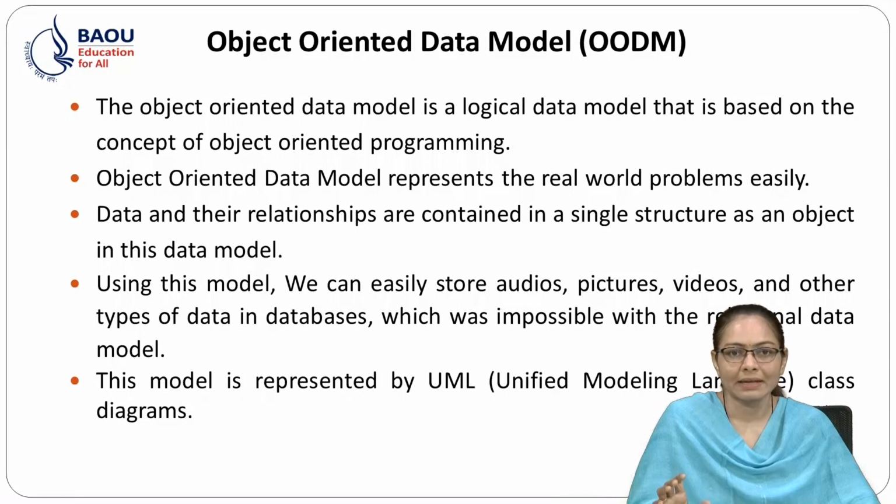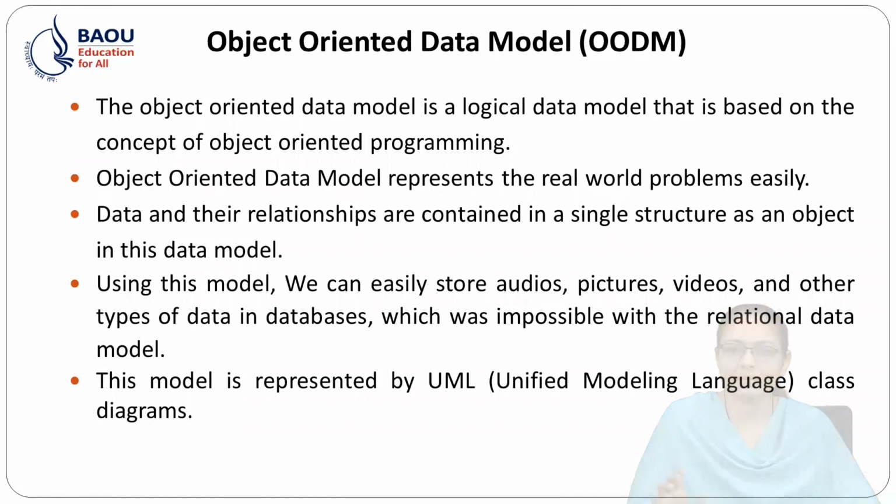Real world problems are represented as objects with different attributes, and all the objects have multiple relationships between them. The data and their relationships are contained in a single structure as an object, because using objects we can easily use the data and methods of the class structure.